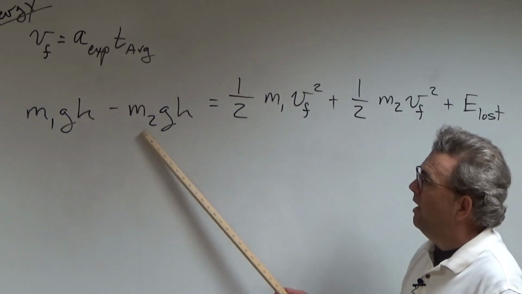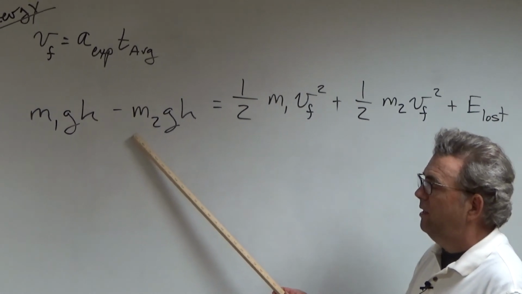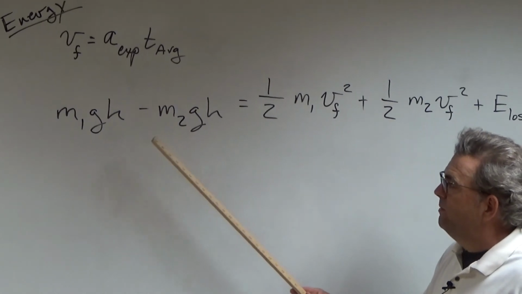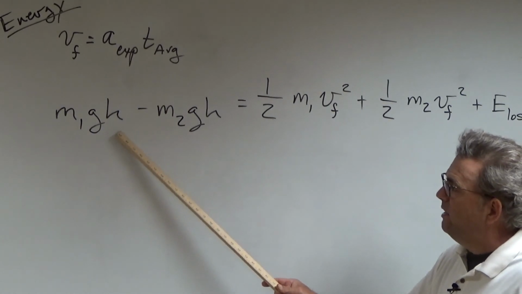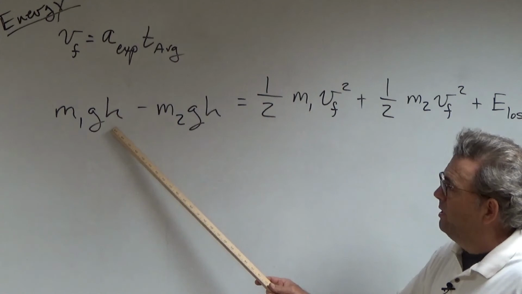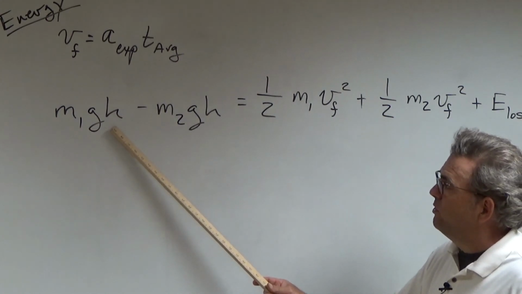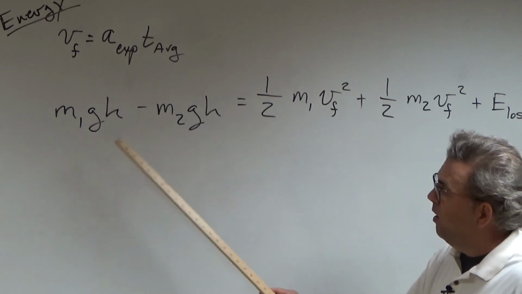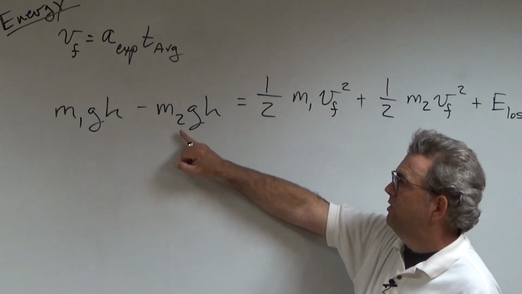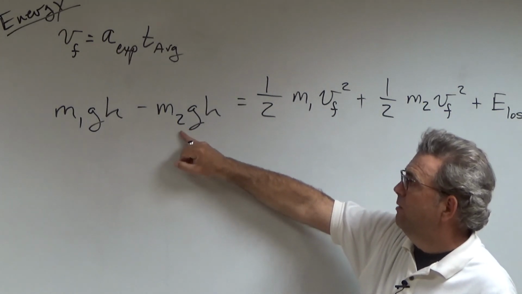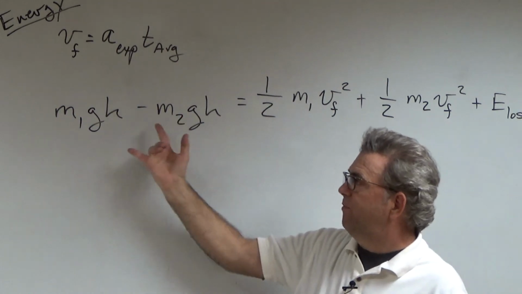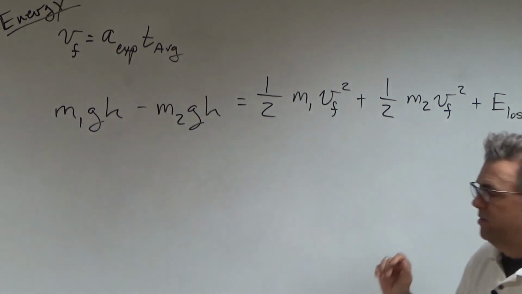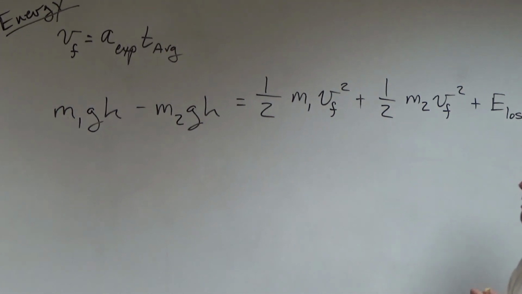So on the left side of the equation, this is the available energy to the system. This is M1gh. That's the initial potential energy of M1. And then the final potential energy is M2gh. And the difference between those two is the change in potential energy.